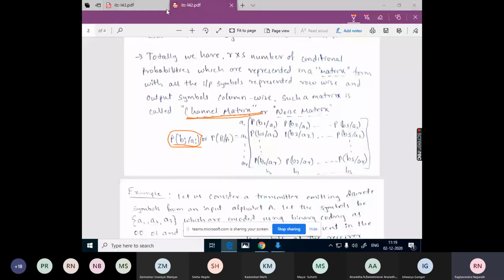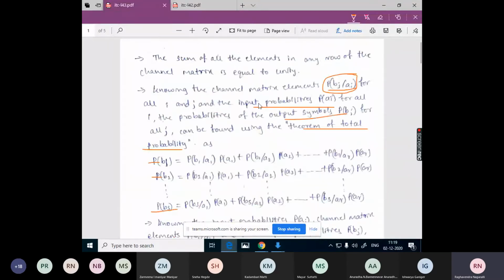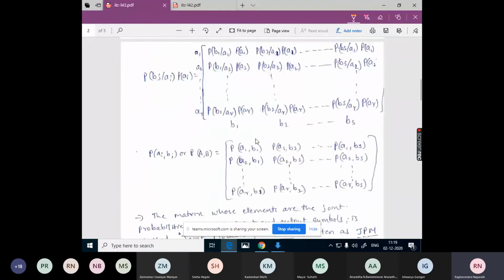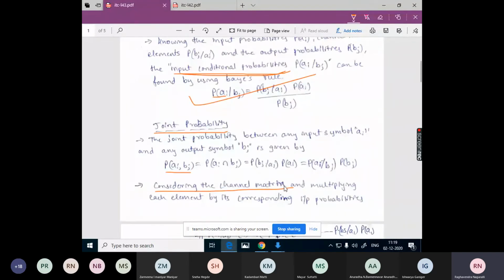We can convert this channel matrix to the joint probability matrix. How? Considering the channel matrix and multiplying each element by its corresponding input probability. We have all the output conditional probabilities, so we multiply each element.